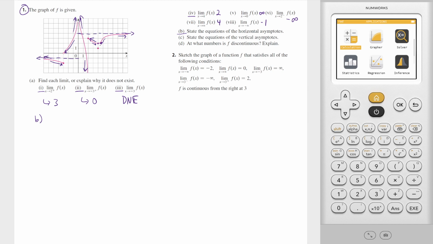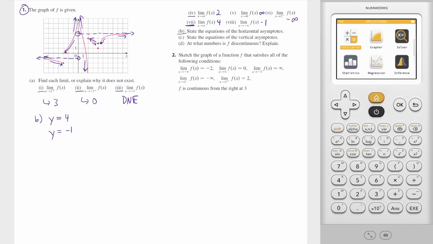The upper one crosses the y-axis there, so that one is y equals 4, the one as the function is going to positive infinity. And the one going to negative infinity, the other asymptote, looks like it is at y equals -1. It crosses the y-axis right there. So those are the horizontal asymptotes.